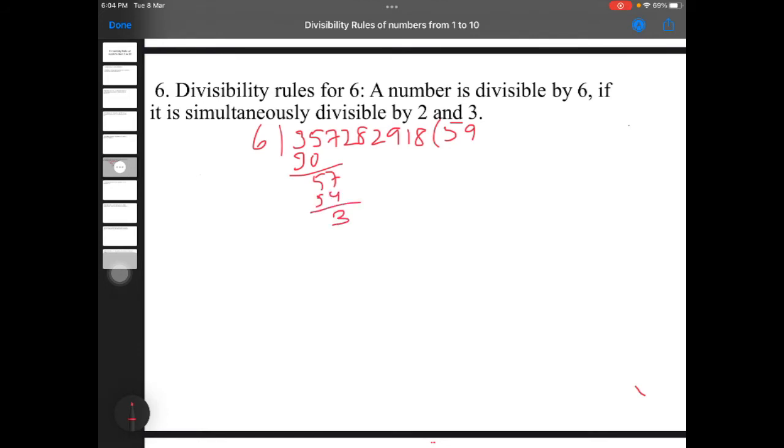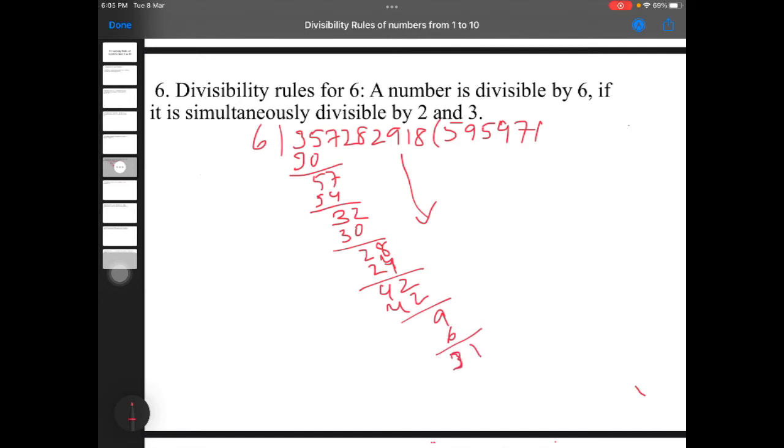Then this one will be 3, 32, then we'll go with 5, 30, then 2 will come down, then 2, then 8 will come, then we'll go with 4, 4 will be 24, so 28 minus 24 will be 4, then here 2 will come, then we'll go with 7, 42, then this 9 will come down, then we'll go with 1, will be 6, then remaining 3, then 1 will come down, then here we'll go with 5, 30, then 1 remaining, then 8 will come down, then here we'll go with 3, 18. So the remaining is 0.